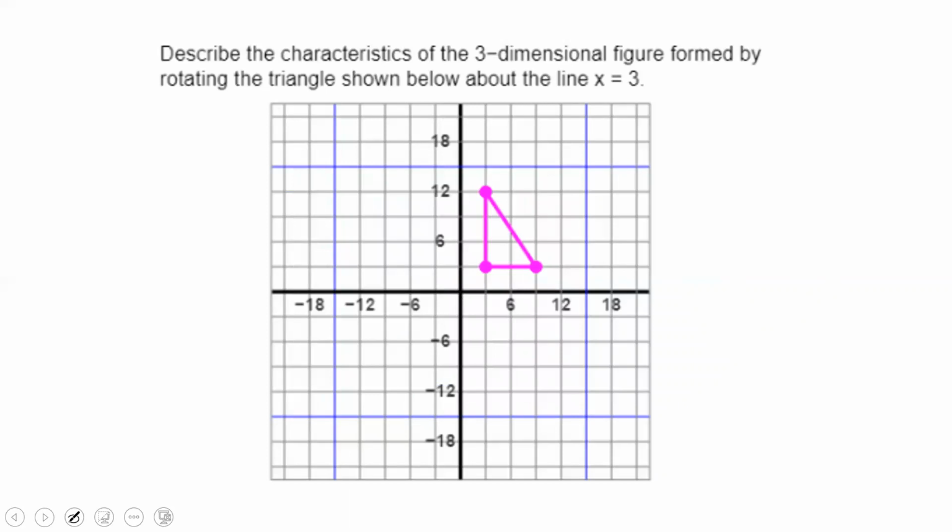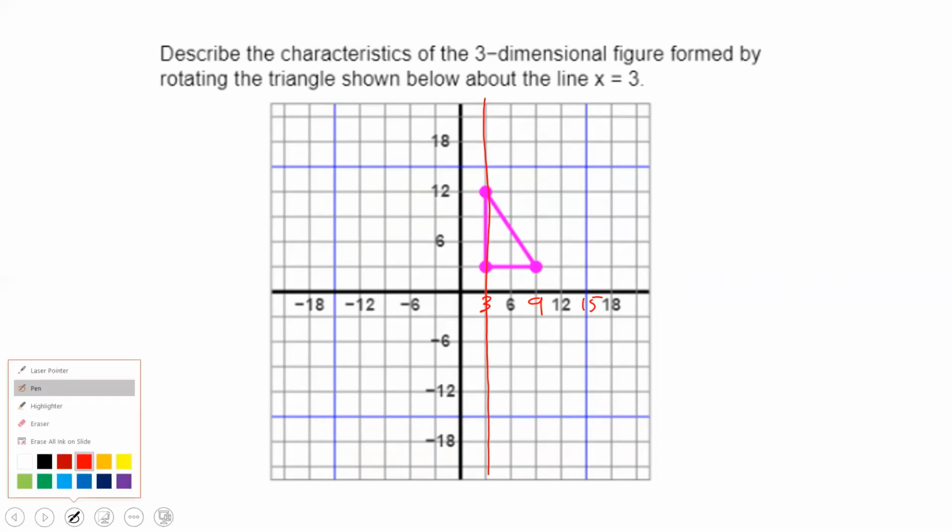Okay, well, let's see this one. It says, describe the characteristics of a three-dimensional figure formed by rotating the triangle shown below around x equals 3. Now, if you look at your x-axis, we're counting by threes, 3, 6, 9, 12, 15, 18. So my x equals 3 is this line right here. So let's say I was going to rotate around that line.